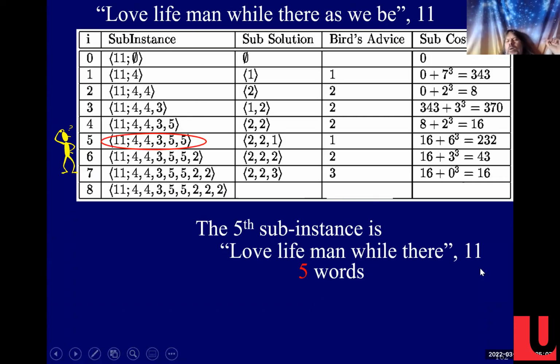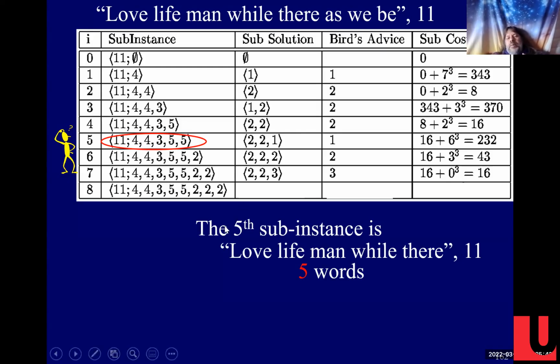And you might say, why is it the first 5 words and not the last 5 words? I think that's just an aesthetic thing. It's easier to think about what's the shortest path from S to a node than being focused on what's the shortest path from a node to T. So we want our subinstances all to be paths from S to some node.